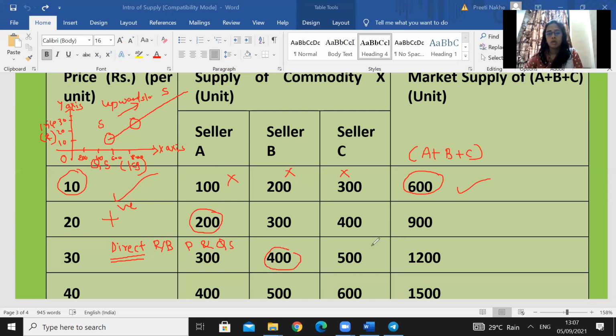Suppose this figure is not available to you, then we take the total 900 minus 200 minus 300, and we get this 400 figure. Maybe they will not give this, but you should remember, market supply is nothing but the sum of supply of all the sellers.